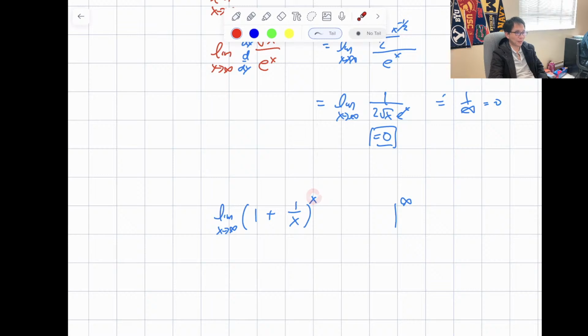Say if this is 10, this is 10 to the 10 power. What happens is, if that number keeps increasing, the power also increases. So it's not exactly equal to 1, because you'd think 1 times 1 times 1 is always going to be 1, but it just appears to be 1, it's not really 1.